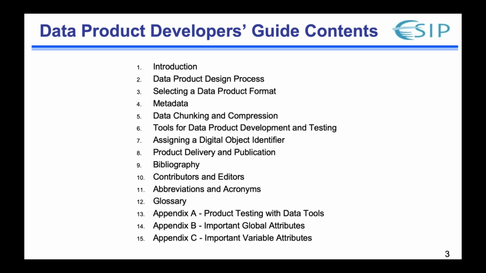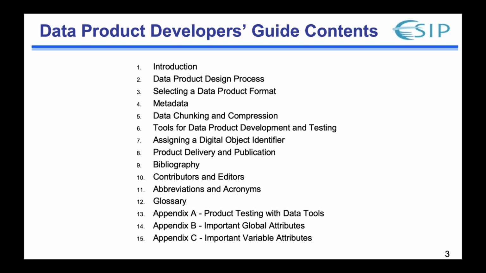Jessica rewrote it. It seemed like it was at too high a level for a beginner. That one may need some work done on it, but I didn't have a chance to work on that. And Section 12, the glossary, wasn't in version 0.2, but was in version 0.3, and Appendix B and C were in version 0.2, and Ed Armstrong made some improvements for version 0.3.